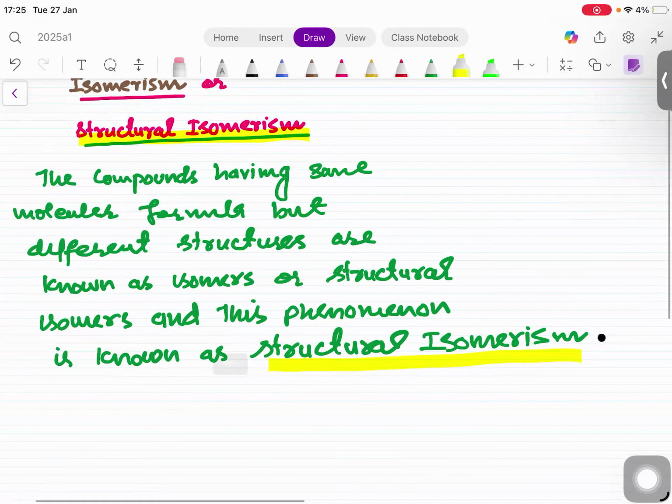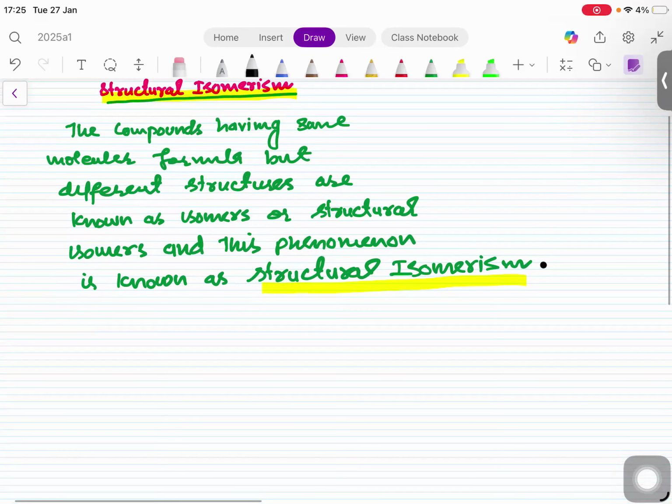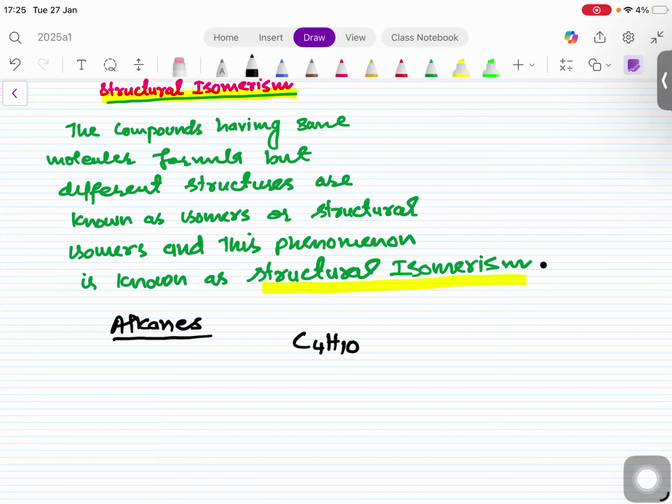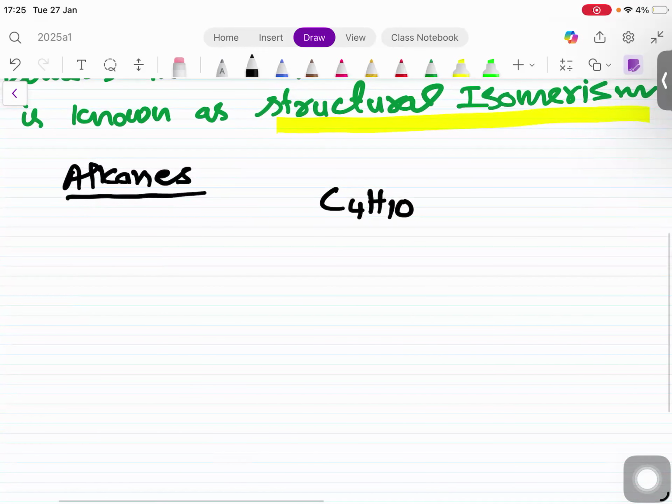Now listen everyone. Please stop writing. If you look at alkanes, I told you the other day, if I write C4H10, this is an alkane with how many carbon atoms? 4. Please pay attention. And if I ask you to draw the displayed formula, how do you draw it?